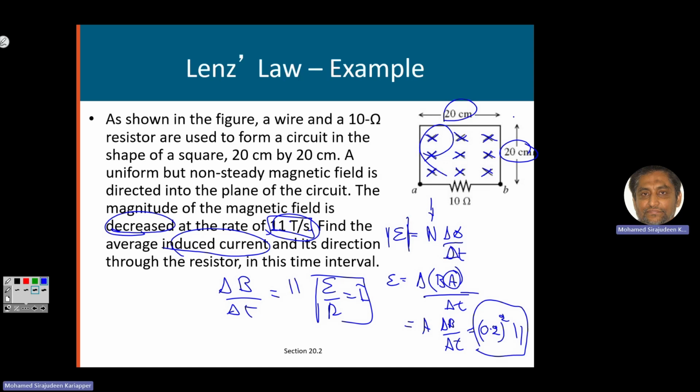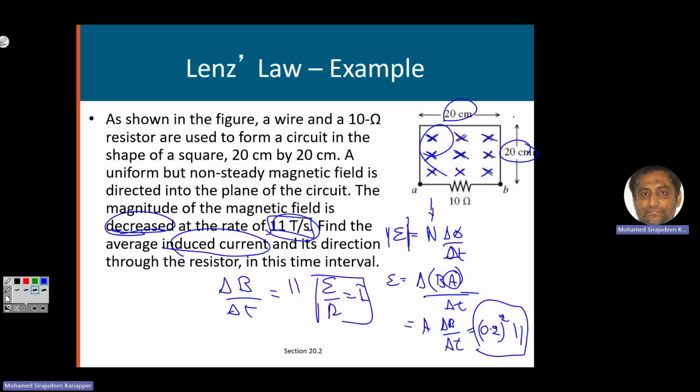Okay, this is the ring, right? And there's a magnetic field. What is happening to this magnetic field? How is it changing? Increasing or decreasing? Because it says in the question decreasing. So you just ignore everything and you're looking at the original magnetic field. You don't look at the original magnetic field, you look at the induced magnetic field. The induced magnetic field is the one that comes from the induced current, right?